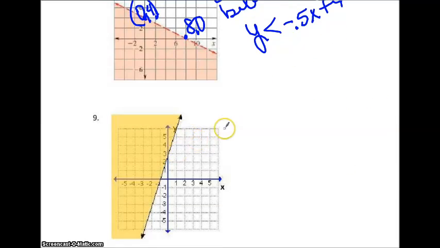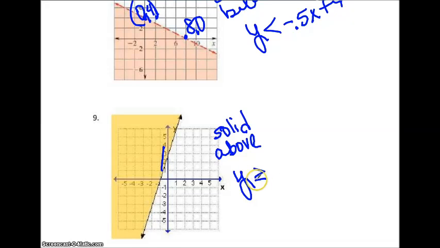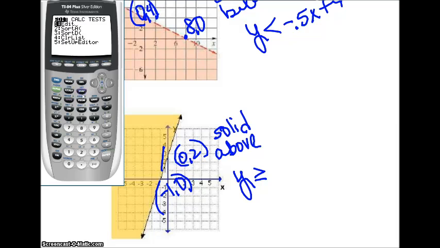Okay, this one is a solid line. And if you put your pencil on it and go up, you get to where it is shaded, so it was above. And this means that it is going to be y is greater than or equal to. 0, 2 would be a good point, and -1, 0 would be a good point. So back to stat.